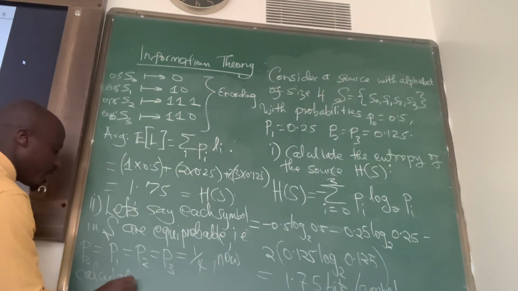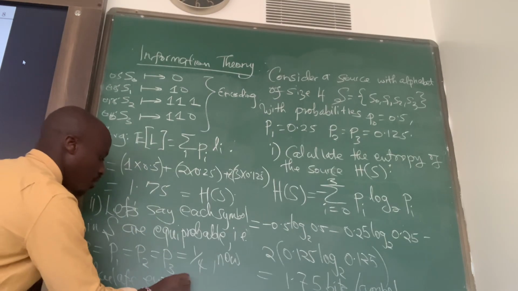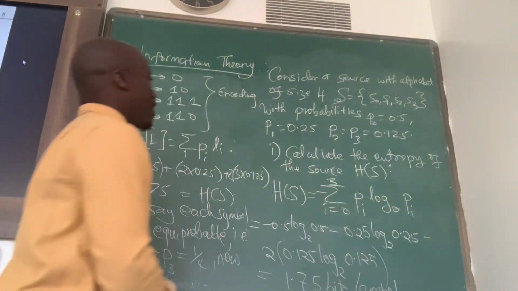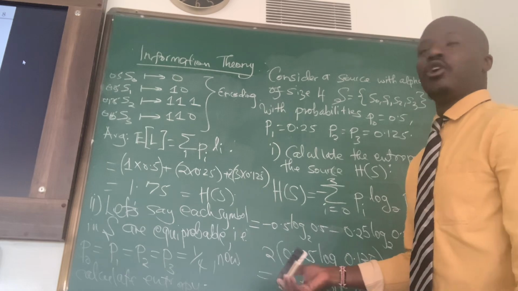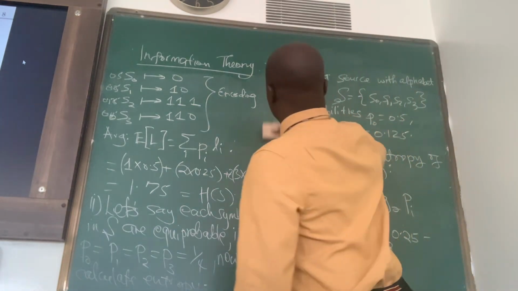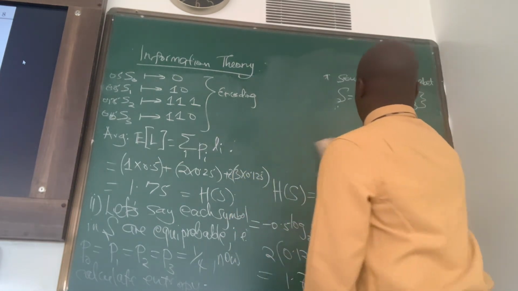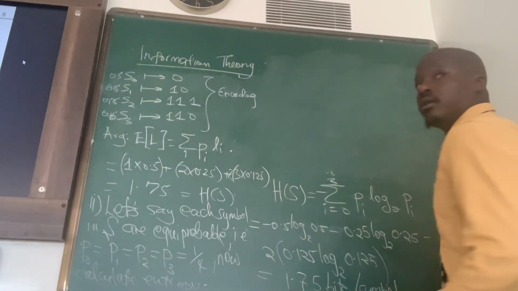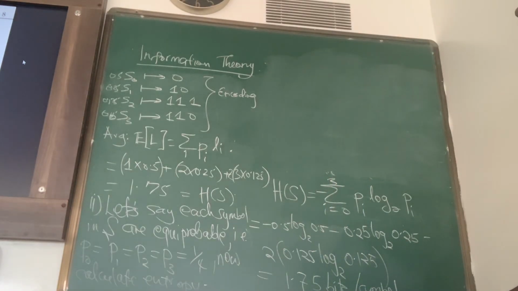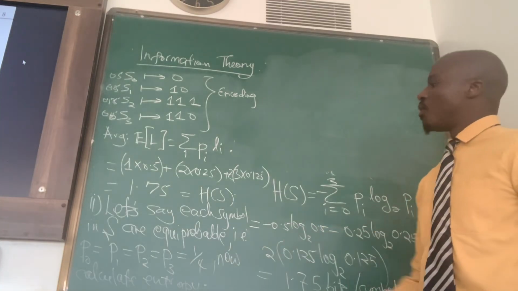Now, let's calculate the entropy again and see the difference. Now let's calculate the entropy again when these symbols are equiprobable. So all of them have the same probability, 1/4.